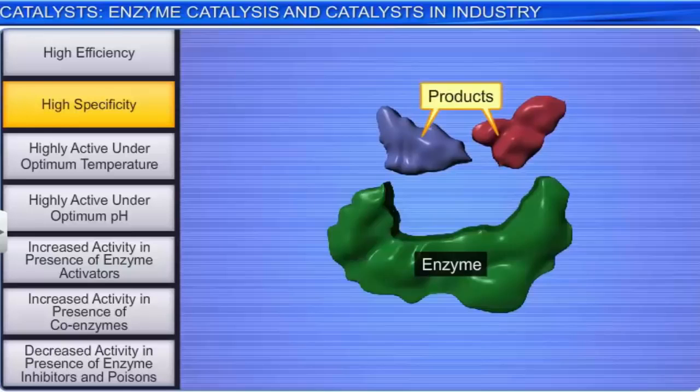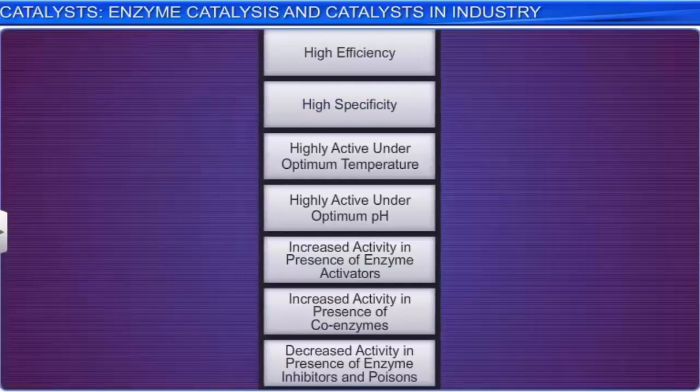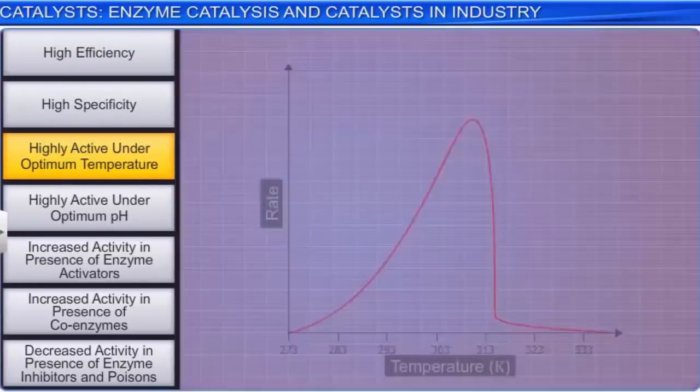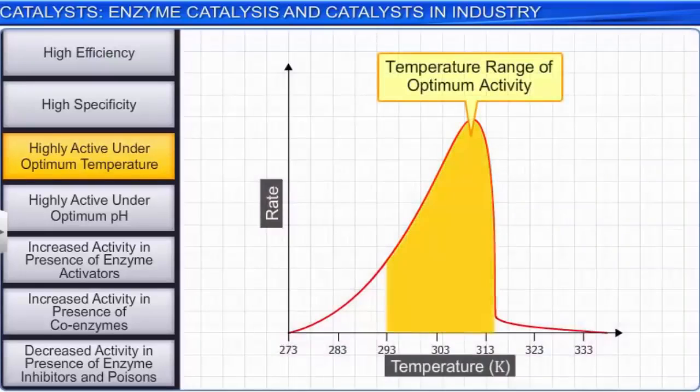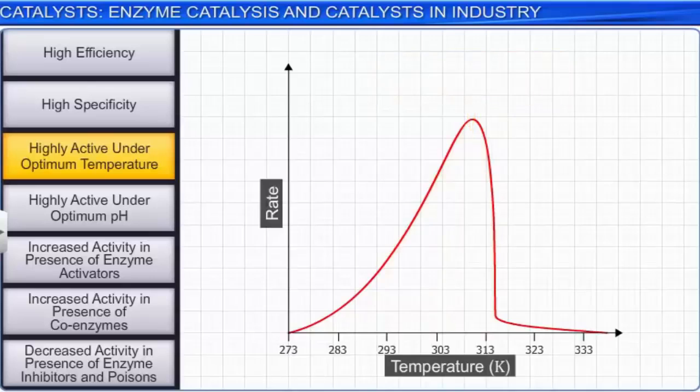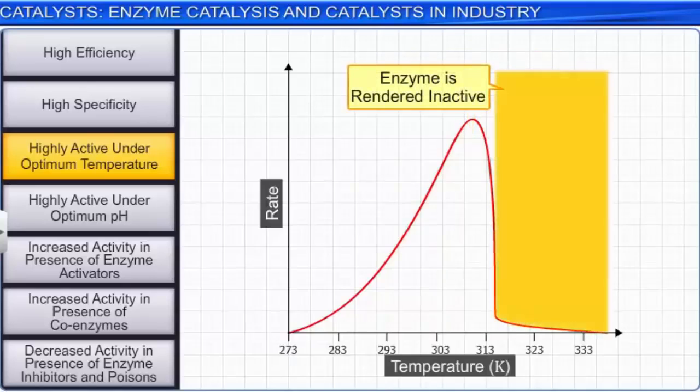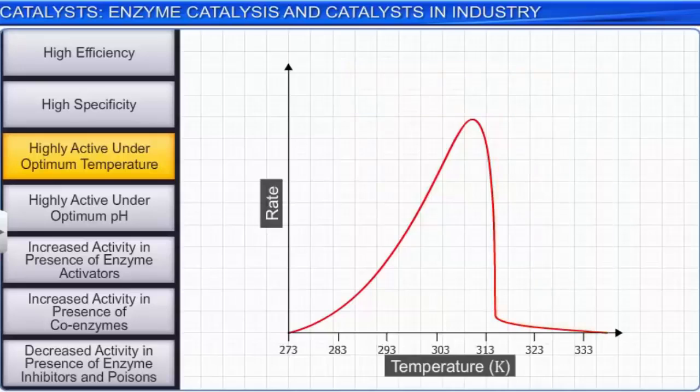Let us now discuss the effect of temperature on enzyme activity. Every enzyme has a temperature range of optimum activity. Outside that temperature range, the enzyme is rendered inactive. At a definite temperature, the rate of reaction reaches its peak. This is called the optimum temperature of the reaction.